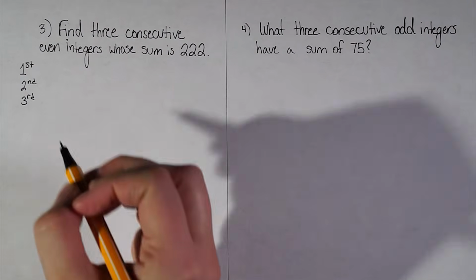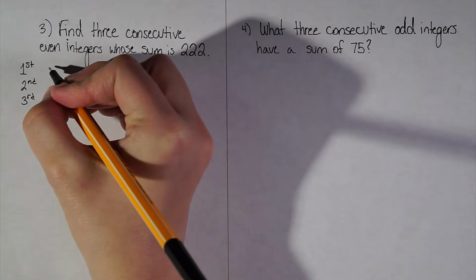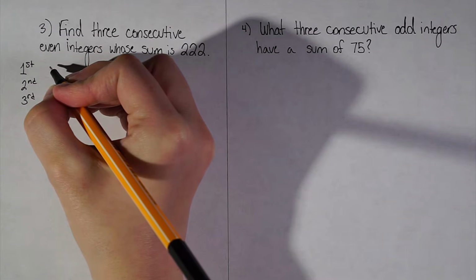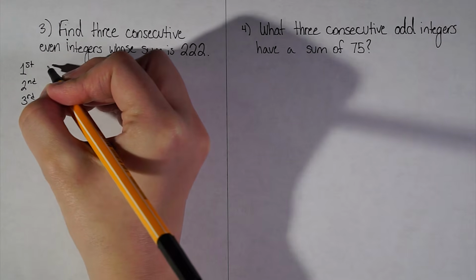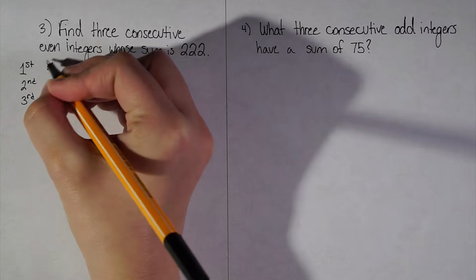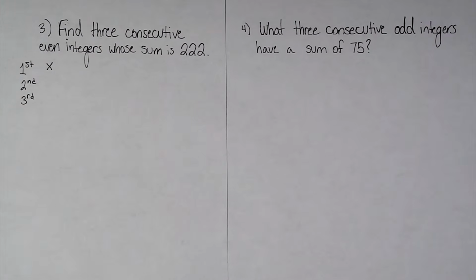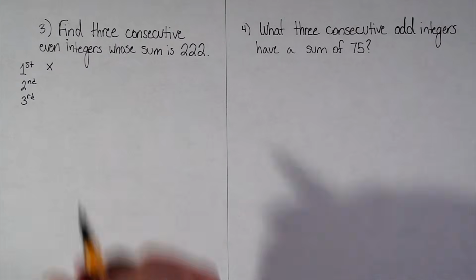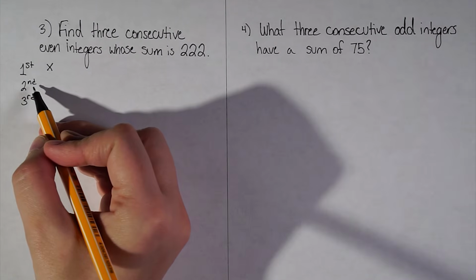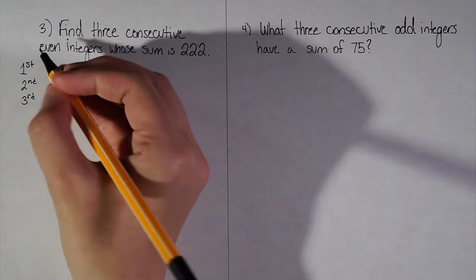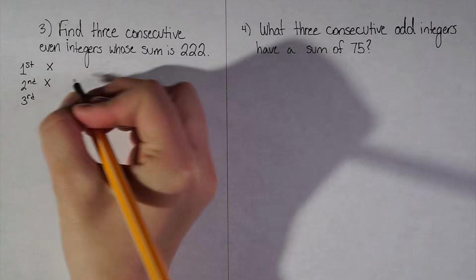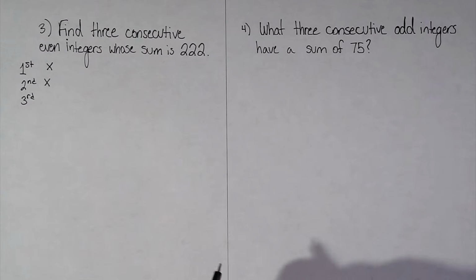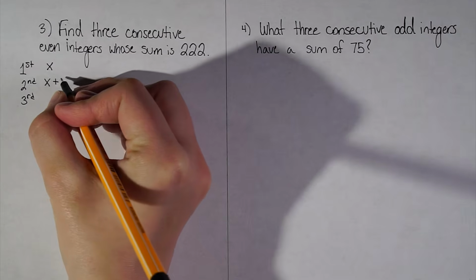So we are adding each integer together to give me 222. I know that my first integer is going to be x. I'm just always going to keep it simple with the first one, it's x. Now my second one, remember these are even integers, so I don't want to do x plus 1 in this case. It's actually going to be x plus 2.